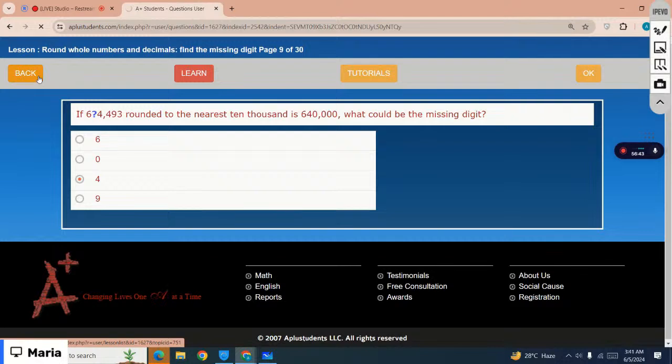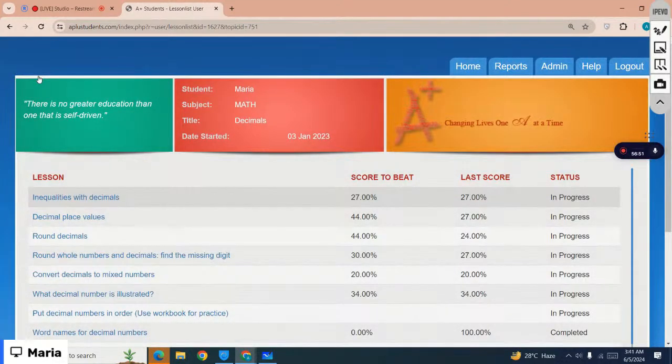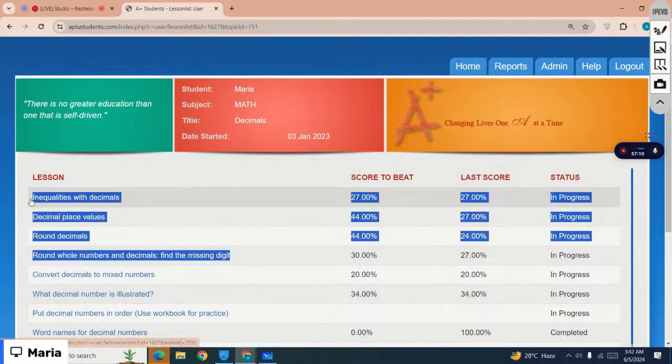So we were working on grade 6 math. The chapter we were working on is decimals.